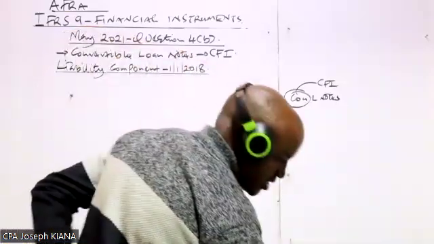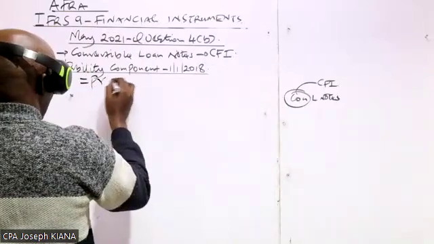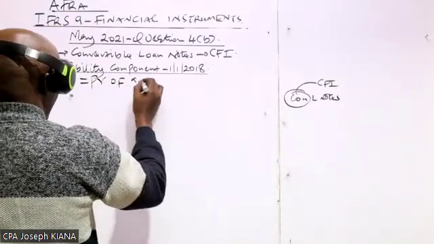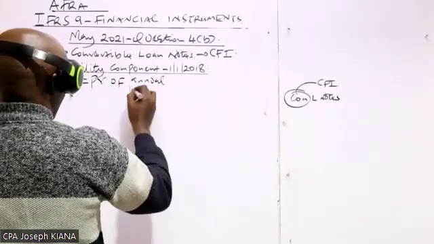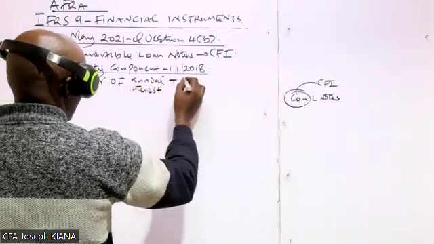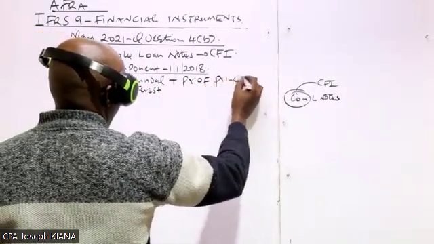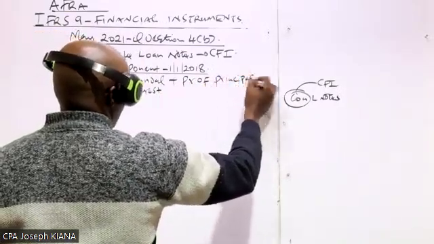Remember, to compute this, we take the present value of annual interest plus the present value of the principal amount.